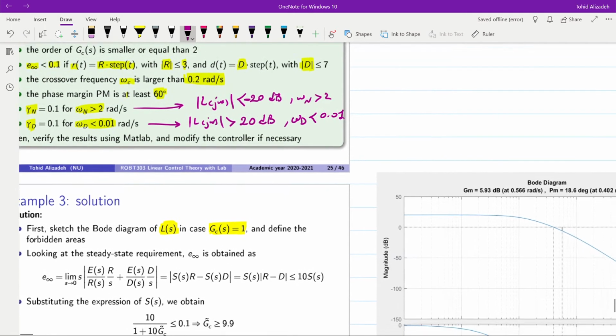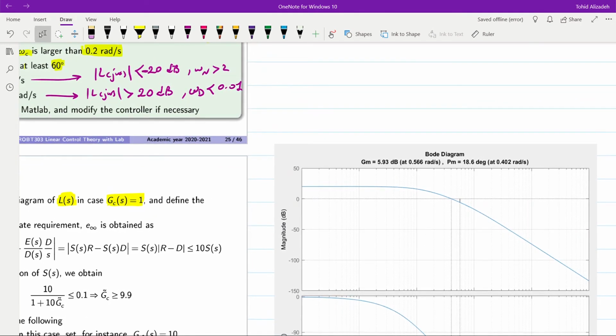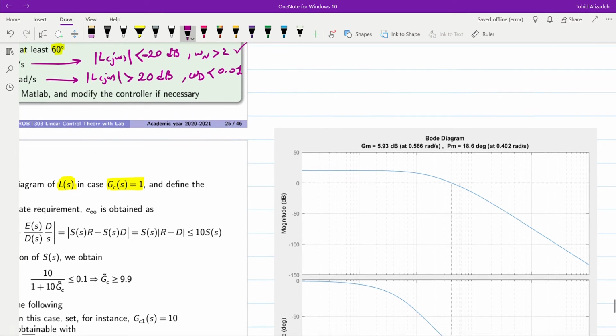Okay, and with them we can determine the dangerous zones for the noise and disturbance rejection.